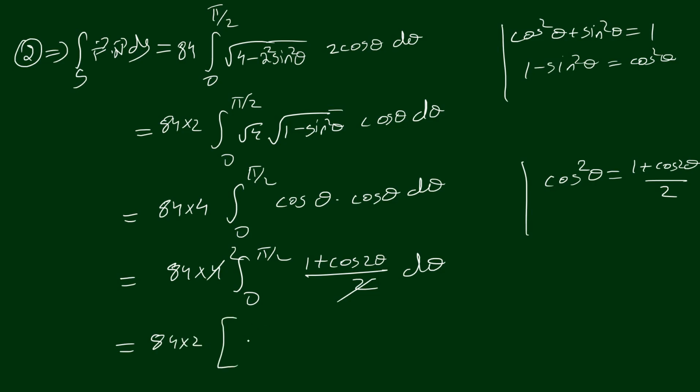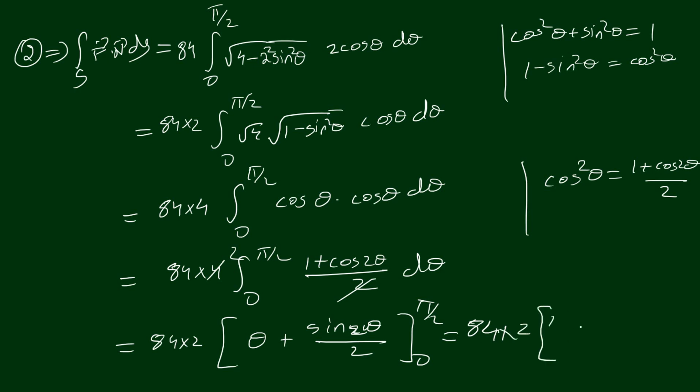Now integrate. The integral of 1 is theta. The integral of cos 2 theta is sin 2 theta by 2, from the limit 0 to pi by 2. Now put the limits. 84 into 2. If we put the upper limit, it is pi by 2 plus sin 2 into pi by 2, which gives sin pi.